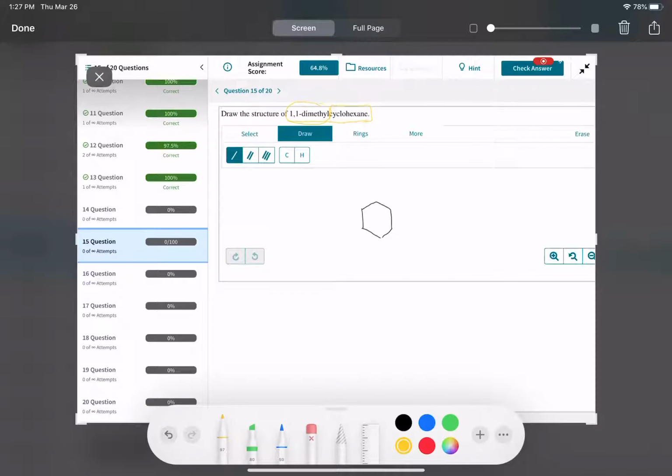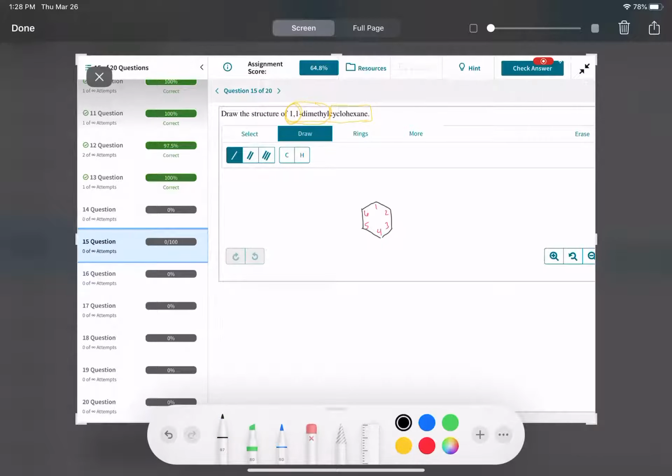My substituents are 1,1-dimethyl. Now, when we're drawing these molecules ourselves from scratch, we get to number however we want, because there aren't any substituents on it yet. Once we get it numbered, then we fill the substituents in. The name is telling us carbon number 1, and also on carbon number 1, there are 2 methyl groups.